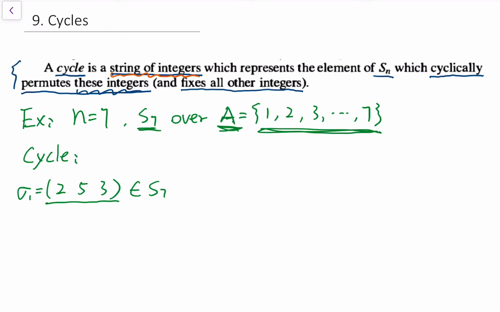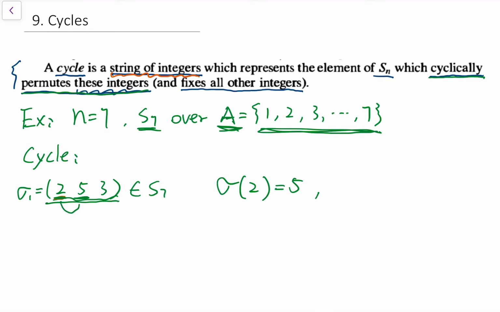According to the definition, it should have the special property that it cyclically permutes the integers in this string. The way it permutes those integers is like this. When you permute one integer in this string, the result will be the next integer in this string. Which means if you apply this cycle to the first integer 2 in this string, you will get the next one, which is 5.